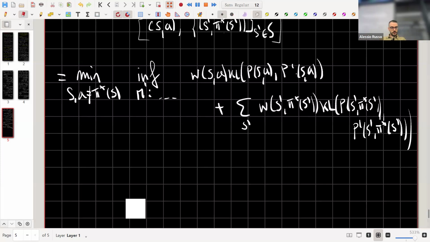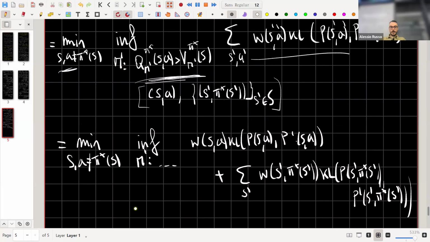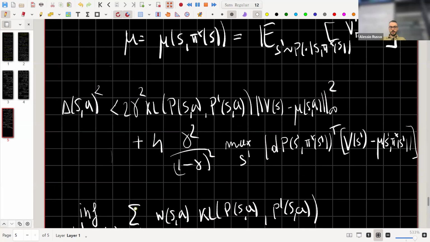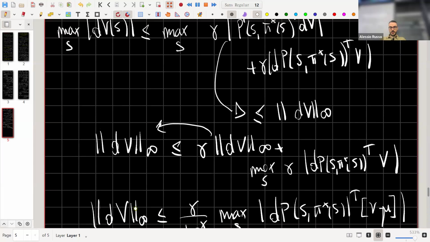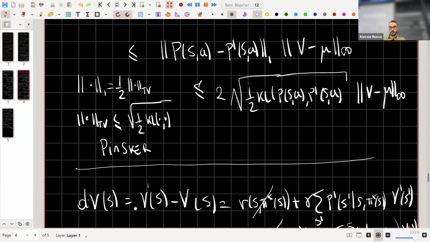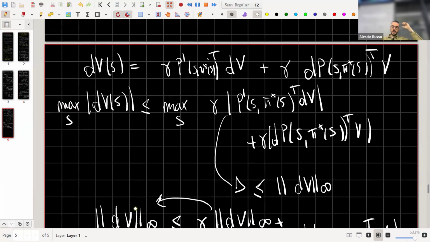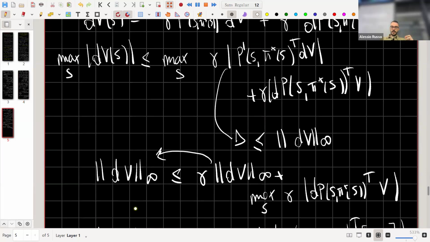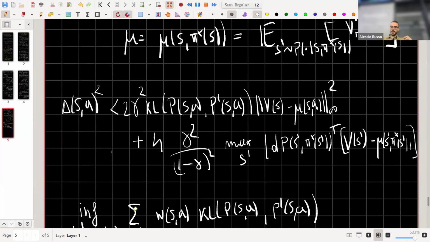So to derive the lower bound, we will try to lower bound the KL. We know from one of the previous inequalities that we have a lower bound on the KL from this inequality here. But we also want the dependency on the gaps to appear.